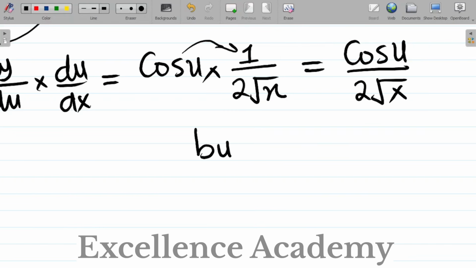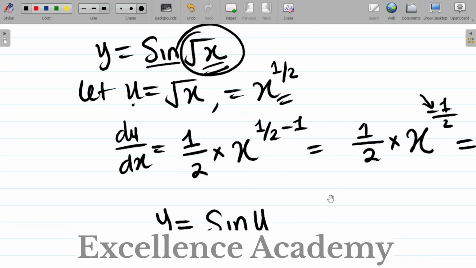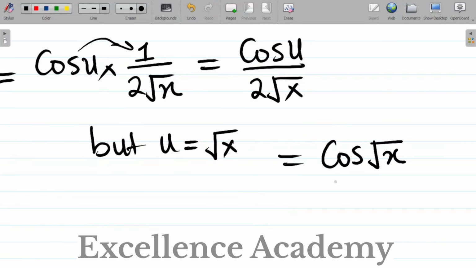Let's bring back the value of u. We have that u is equal to root x, the square root of x. And that's equal to cos of root x, all over 2 root x.